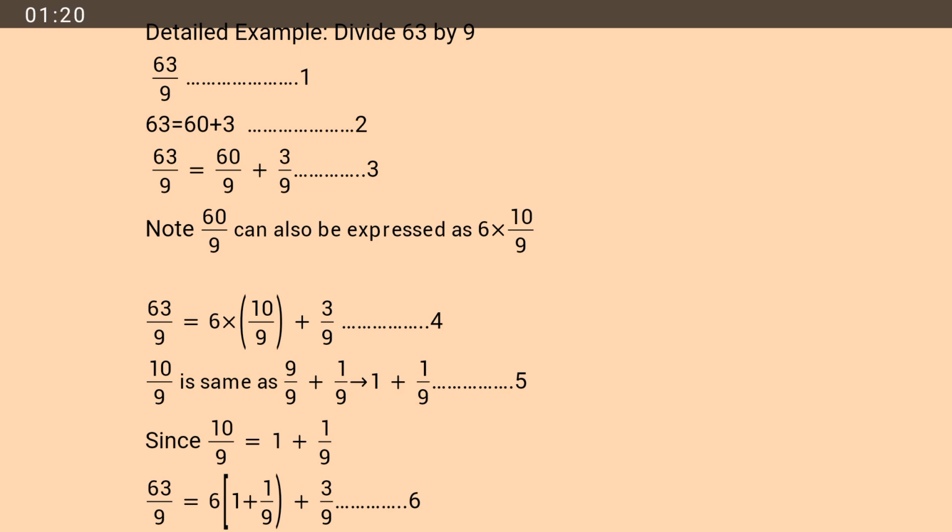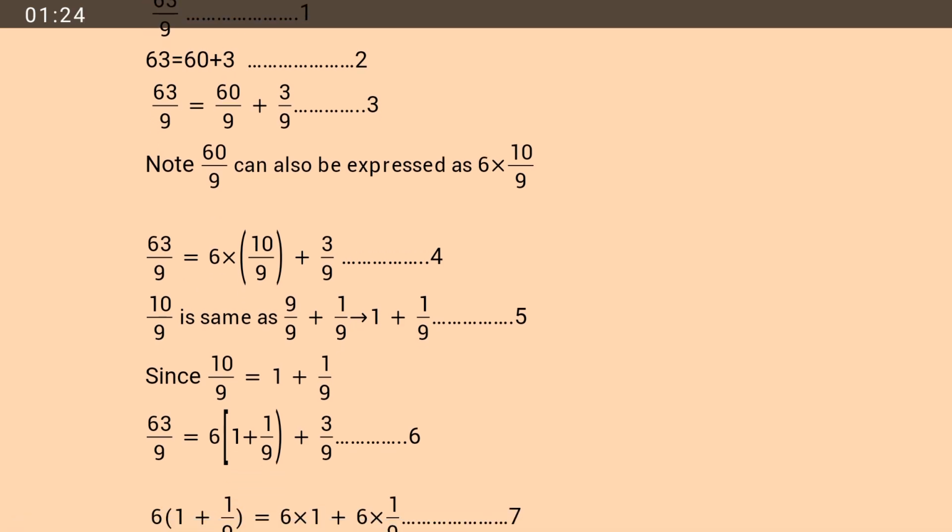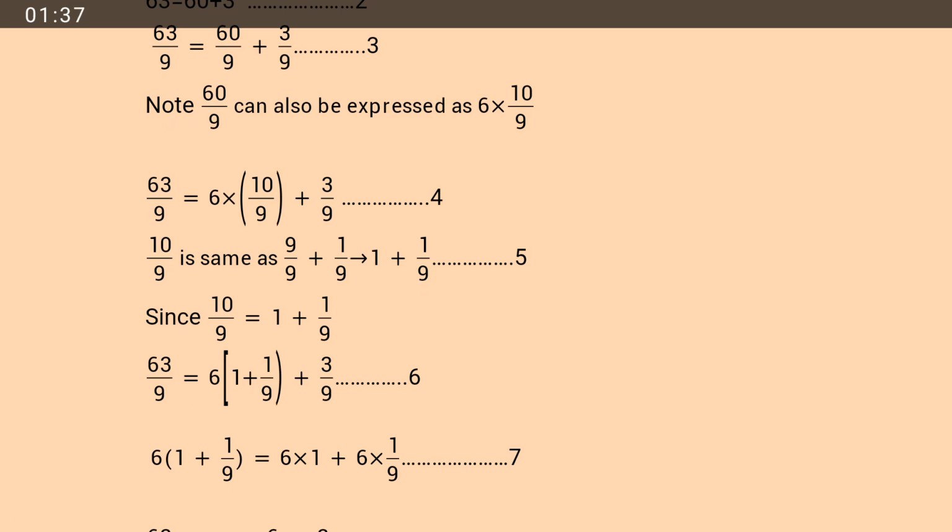So we see in equation 4, on the right hand side, it becomes 6 times 10 over 9 plus 3 over 9. Now let's see how we can split 10 over 9.